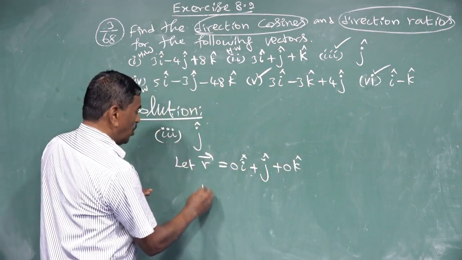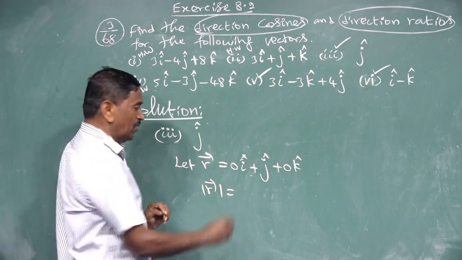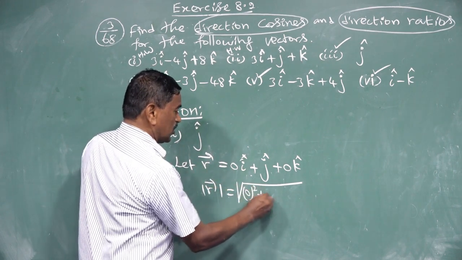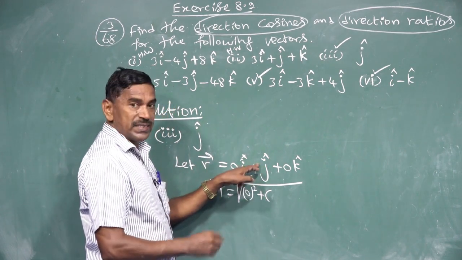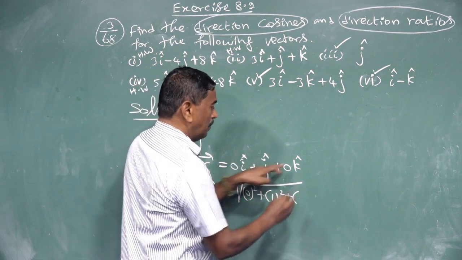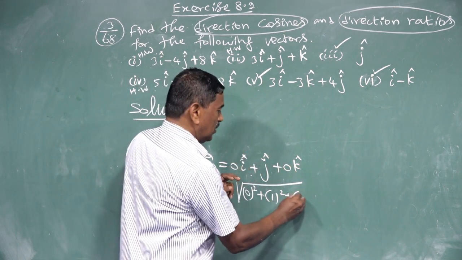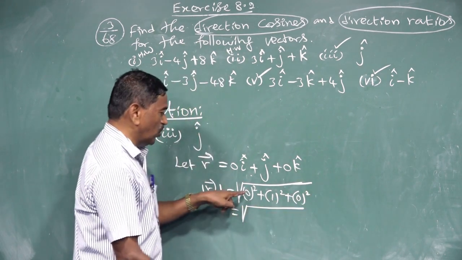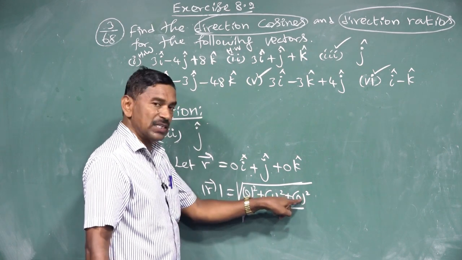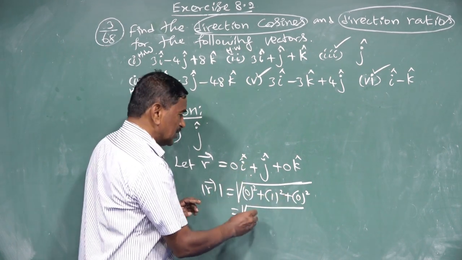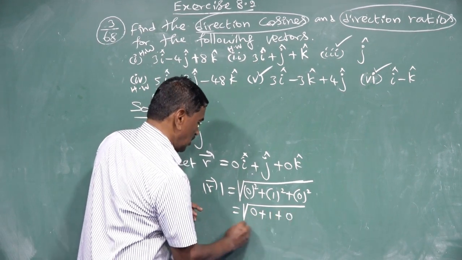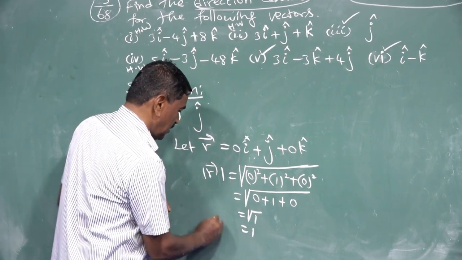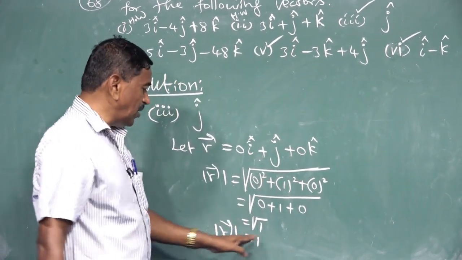Now modulus r vector equal to square root of 0 the whole square plus j coefficient 1, therefore 1 the whole square, plus k cap coefficient 0, therefore 0 the whole square. Which is equal to square root of 0 plus 1 plus 0, which is square root of 1, equal to 1. That is, modulus r vector is equal to 1.